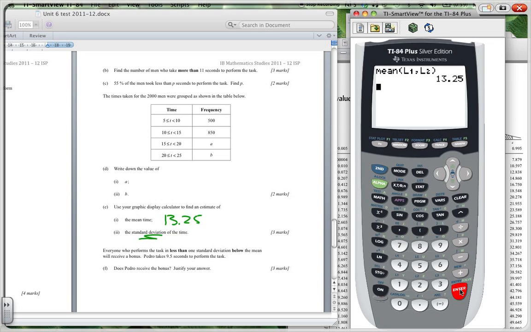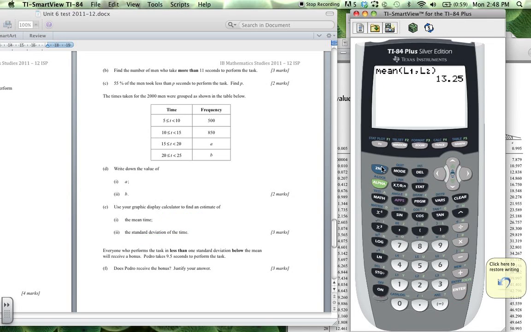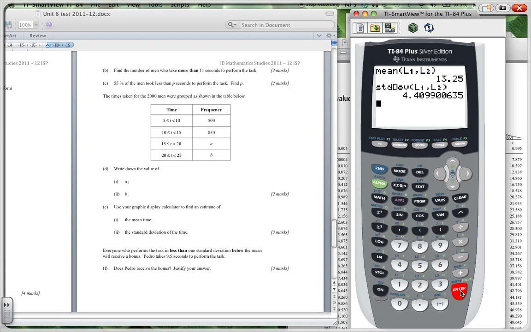Again, I do the same thing: second function list, go over to math, and go down to number 7 here. I say enter, and again I put in my L1 and my L2, and I close my brackets, enter, and we get 4.41.